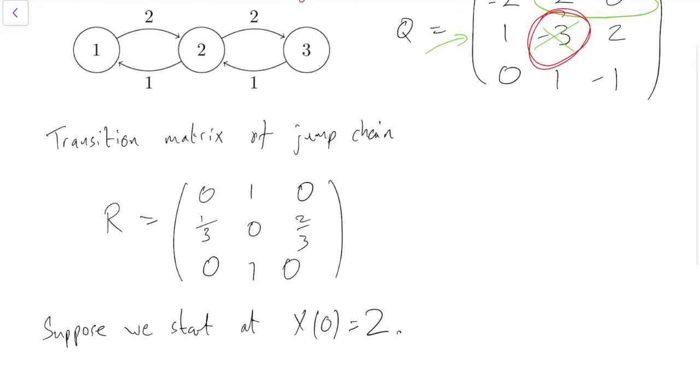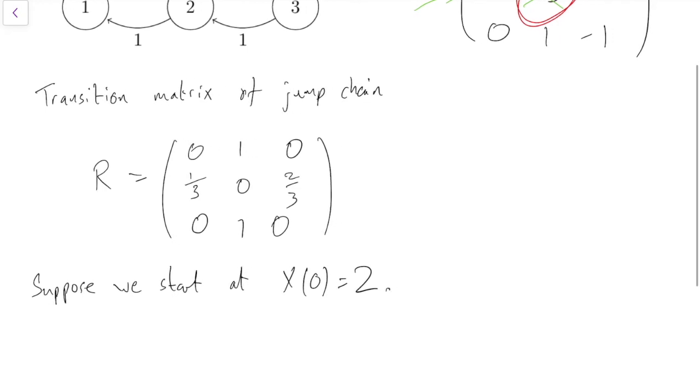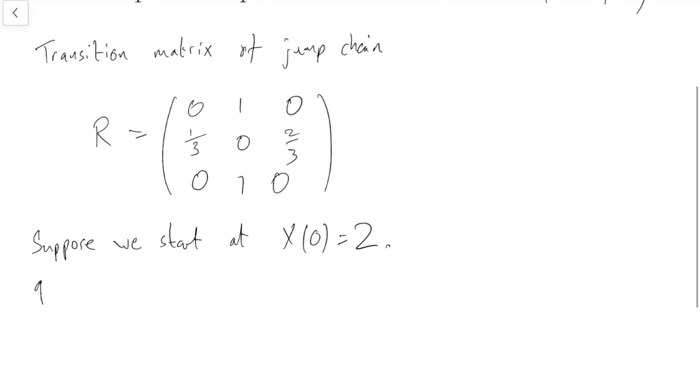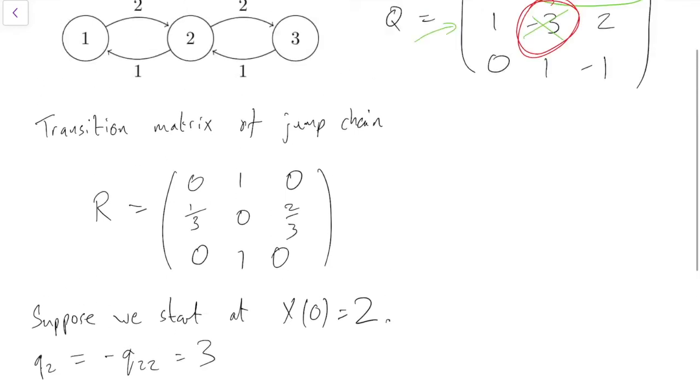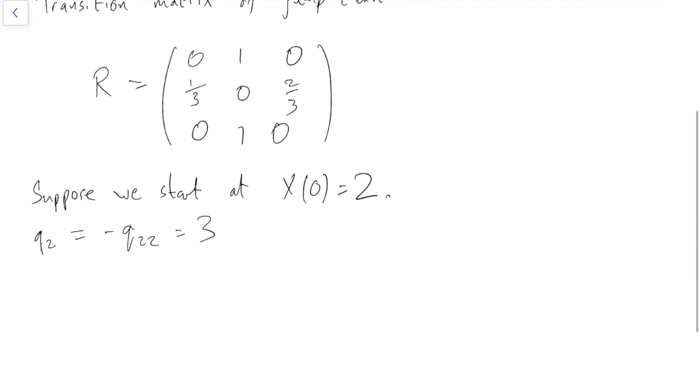So we have q2 equals minus Q22 equals plus 3, because remember that we put negatives down the diagonal of the generator matrix for reasons that will become convenient later. So this means we wait a time which is exponential with rate 3. So starting from our state 2, we wait for an exponential 3 amount of time.